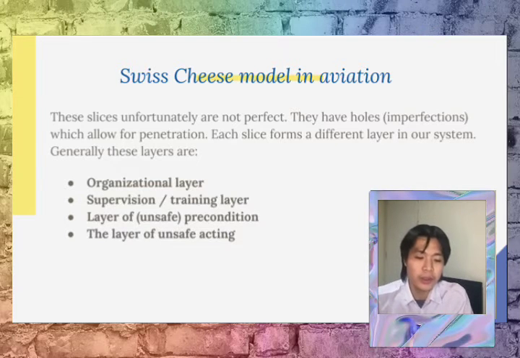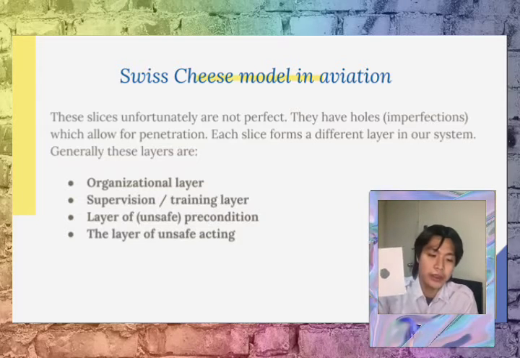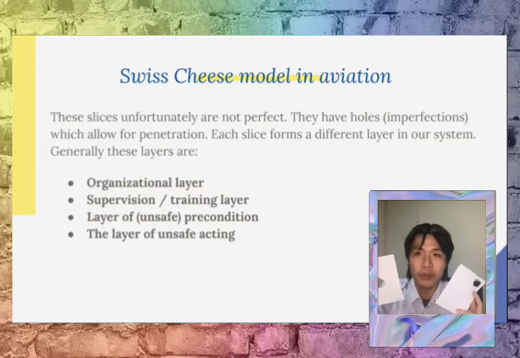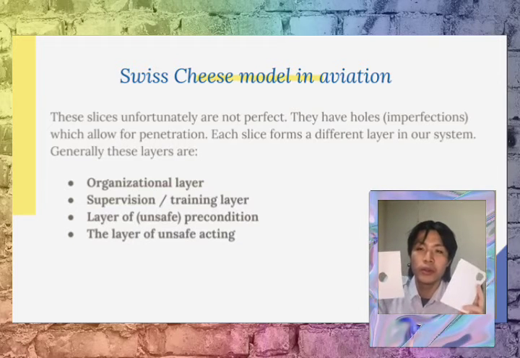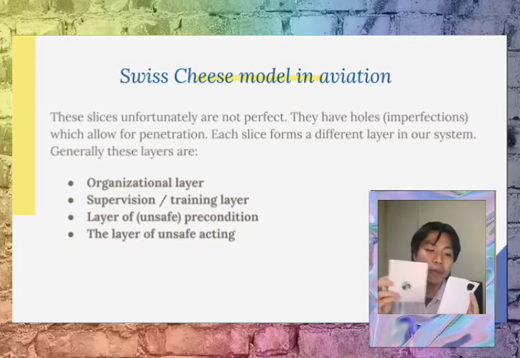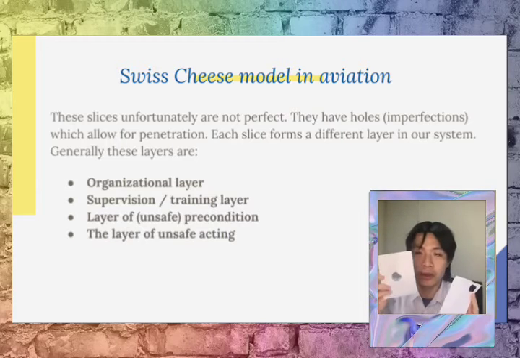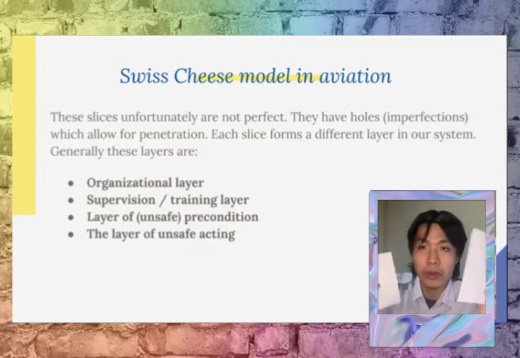So, for example, this is the first department within the organization, and this is the second department within the organization. As we can see, they both have their own lapses, but they differ from one another. So the problem within the first department would not be a problem in the second department because they have their own problems.